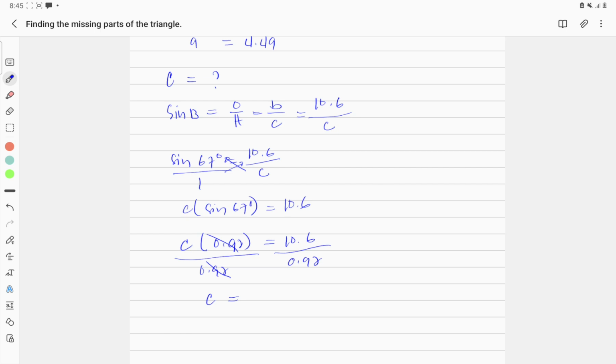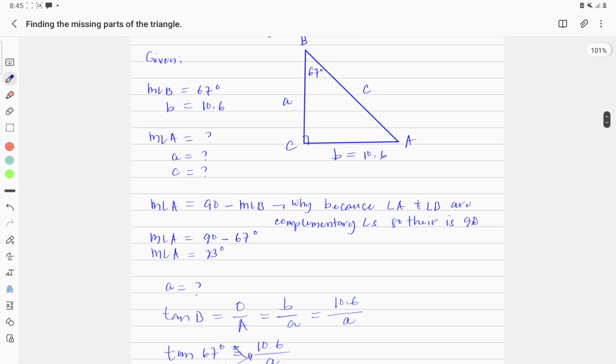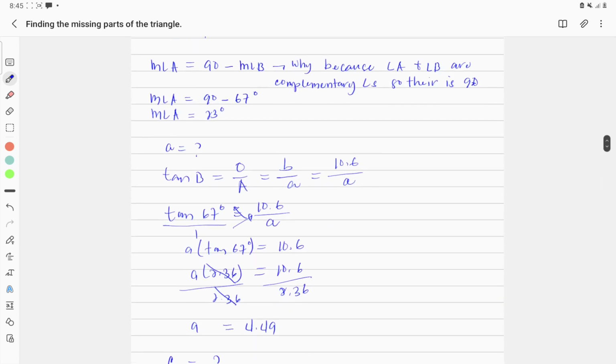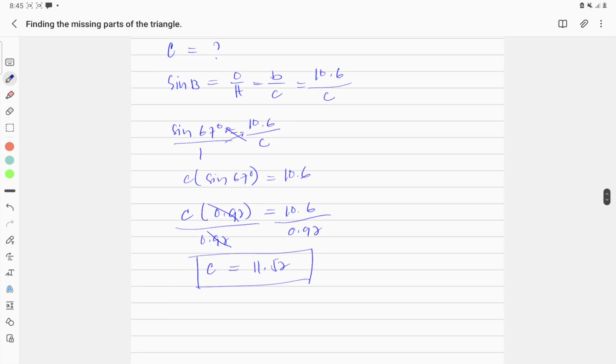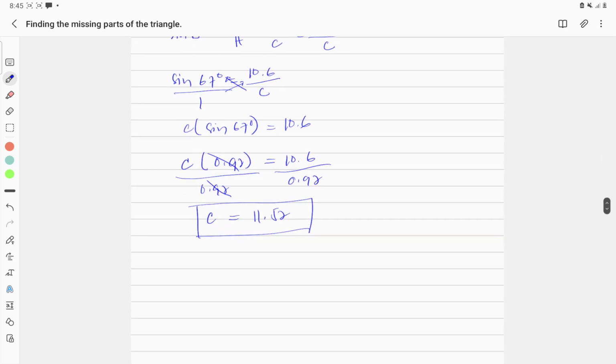We will get the value of 11.52 for the value of C, or the hypotenuse. So now we were able to solve triangle ABC, as we used the trigonometric functions.